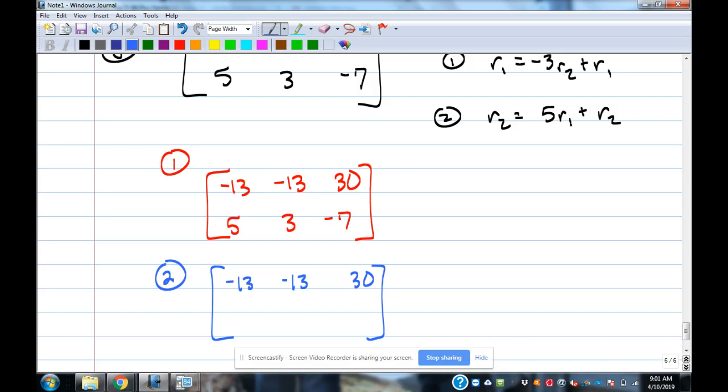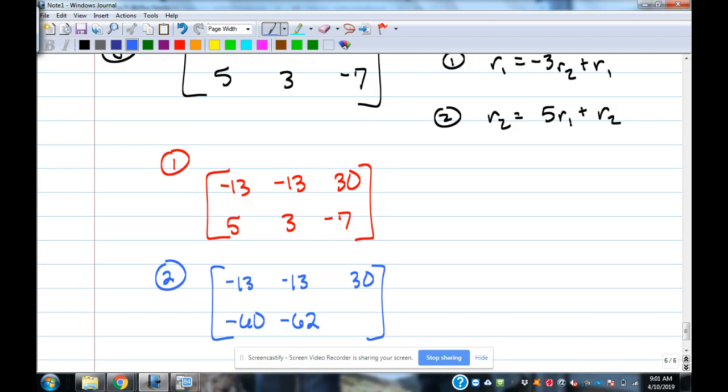So 5 times row 1 plus row 2. 5 times -13 is -65, plus 5 is -60. And then 5 times -13, still -65, plus, excuse me, positive 3, sorry. -65 plus 3 is -62, all right?